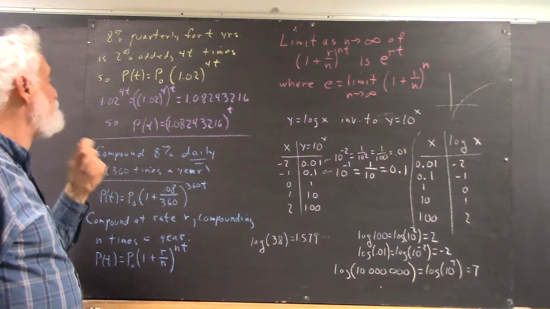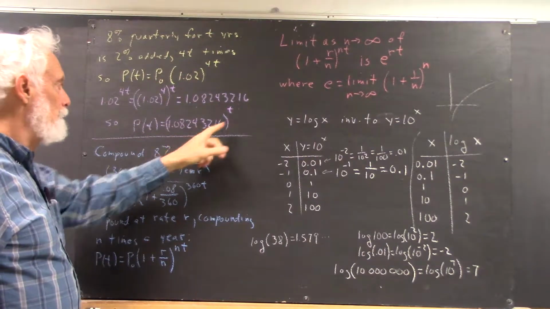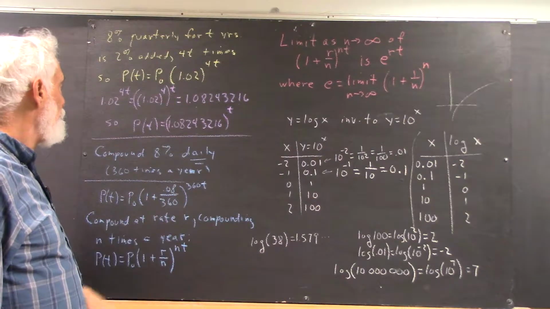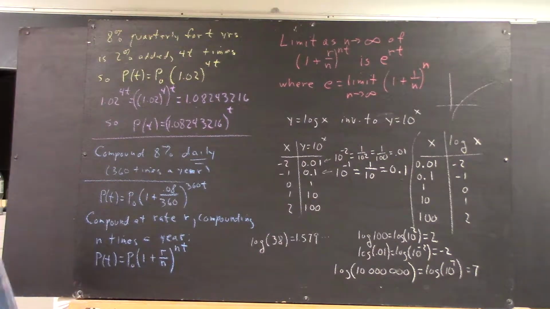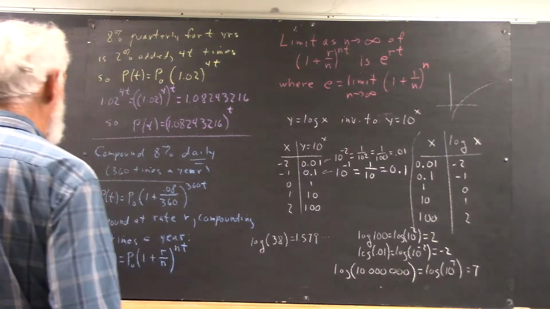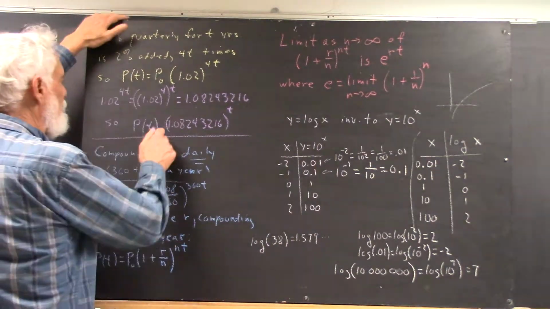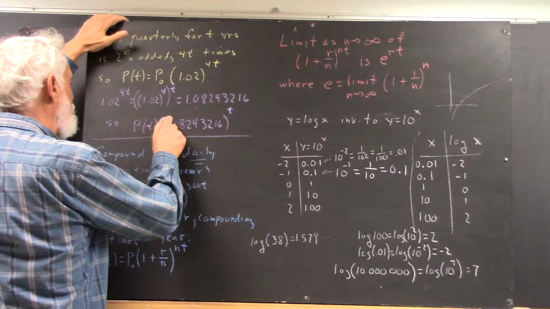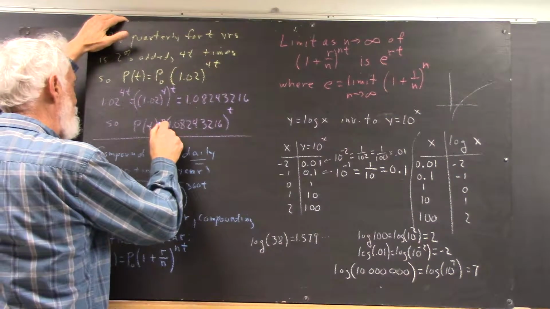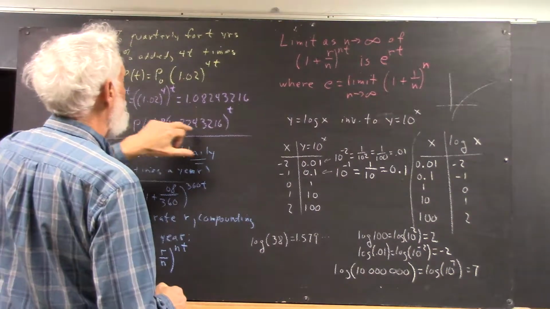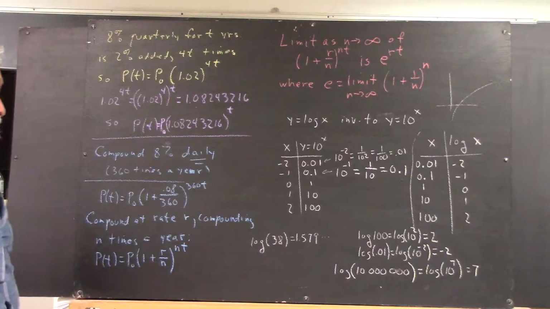Okay. So P of T is this raised to the T power. I wrote something down that's plain old false. It's equal to P naught times 1.08 to that power.